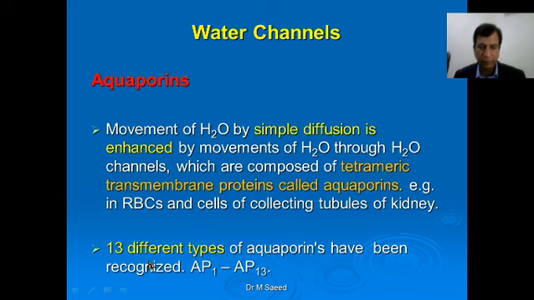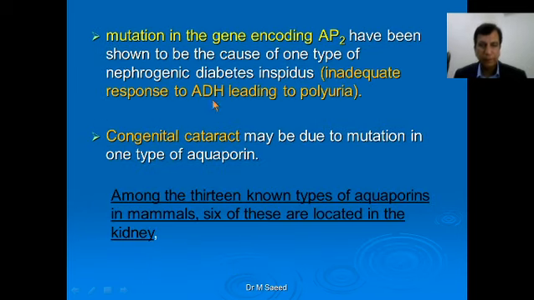So most of these aquaporins, around 6 types, are present in the kidney. Mutation in the gene encoding AP2 has been shown to be the cause of one type of nephrogenic diabetes insipidus.